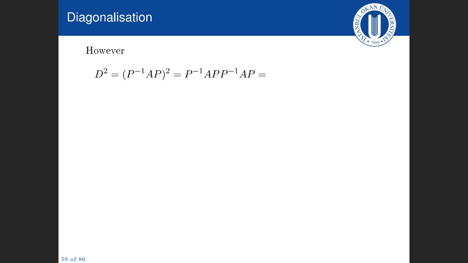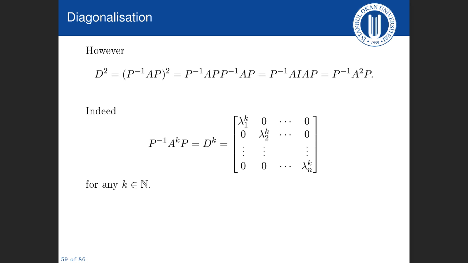However, D squared means (P inverse AP) all squared. We're doing P inverse AP multiplied by another P inverse AP. But P P inverse in the middle is going to cancel out, and we'll just end up with P inverse A squared P. So in other words, P inverse A to the power k P, for any k of course, is just D to the power k.